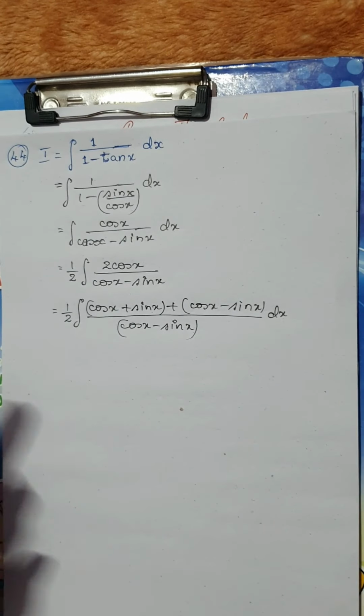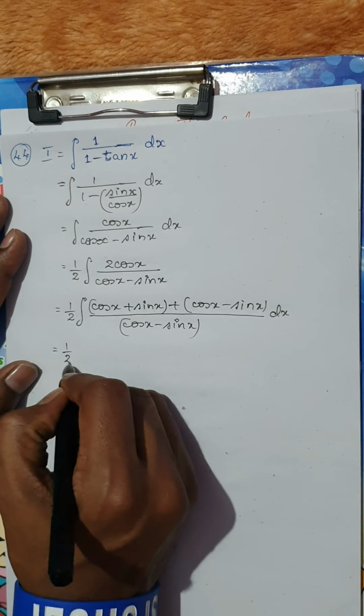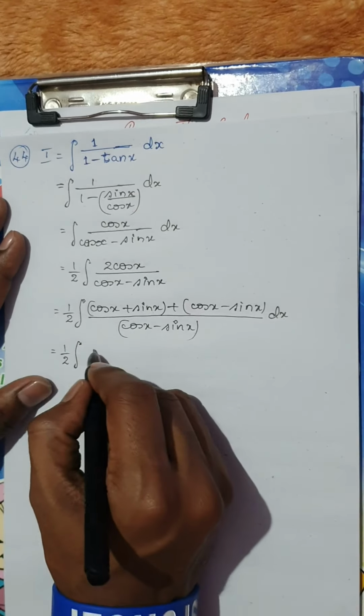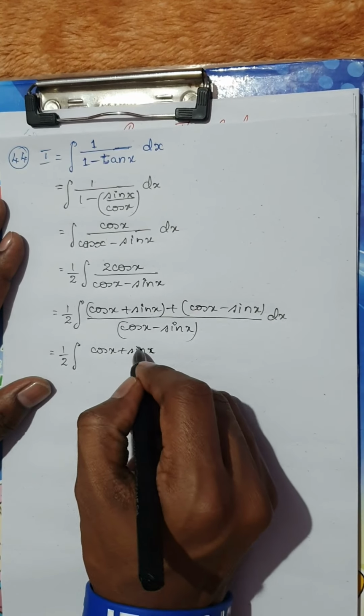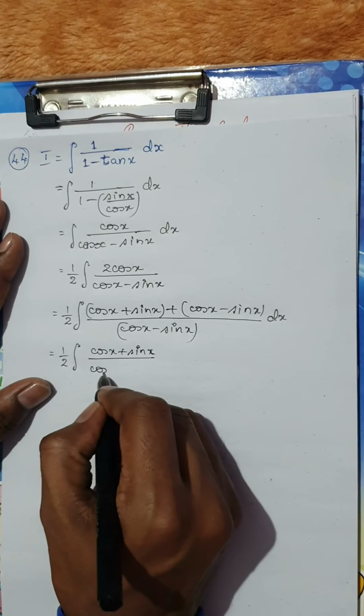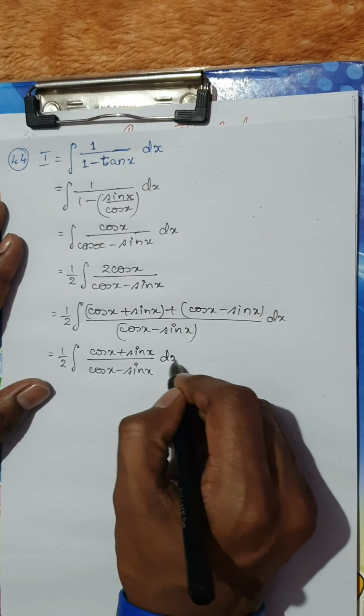If you split the denominator separately, I will get half into integral of cos x plus sin x divided by cos x minus sin x dx.